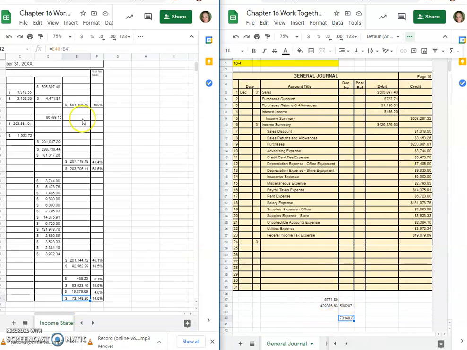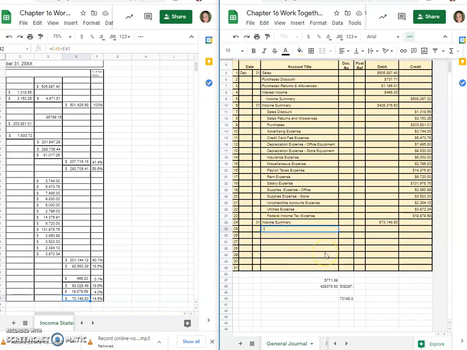I'm glad that calculated out correctly, because we need to close our net income. So income summary right now is a credit balance of $73,148.80, so we'll need to debit it for the net income amount, and that will make income summary a zero balance, and we're going to send that to retained earnings.